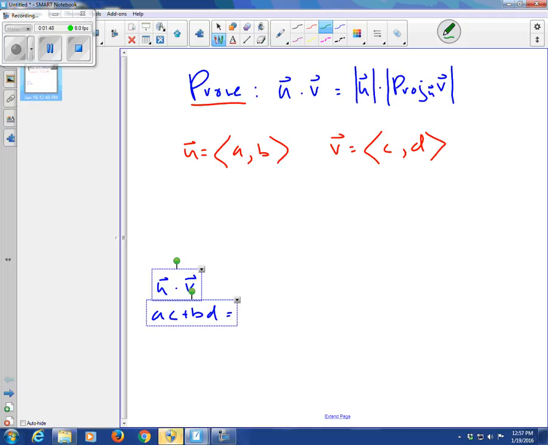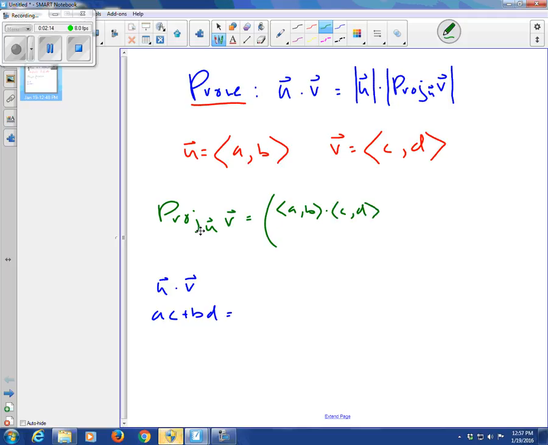So right here what we're going to say is the projection of v onto u, not u onto v, is going to basically be our dot product of u and v. So the dot product of our vector u, which is <a, b>, and <c, d>, over the magnitude of u squared.